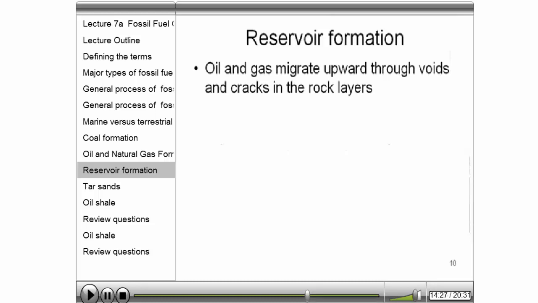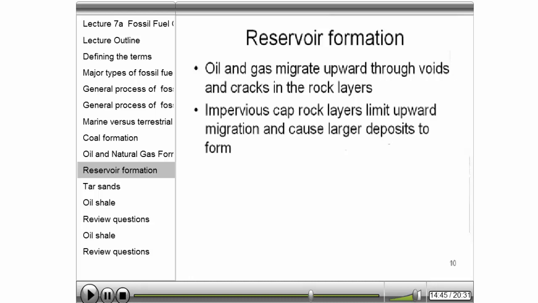As we noted, both as liquids and gaseous materials, oil and natural gas can migrate and will migrate due to density and buoyancy upward through rocks or pores and voids in the rocks, and travel up through the layers until they reach some sort of an impervious upper layer, what's called a cap rock. And this traps the oil and natural gas and allows for the formation of larger collections or deposits of these fossil fuels to accumulate.